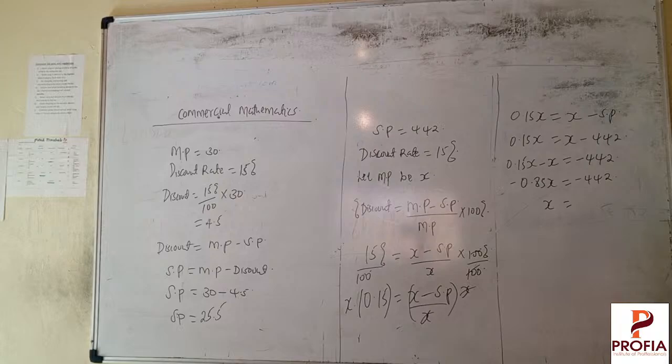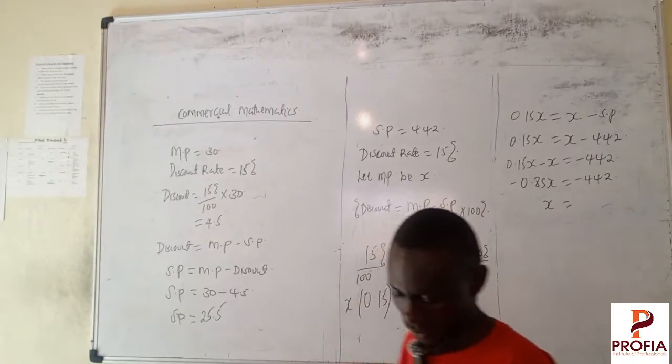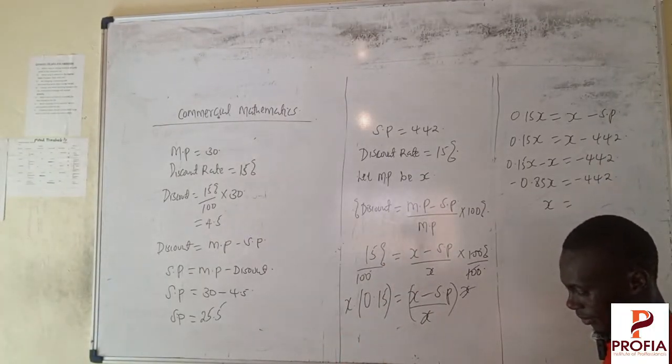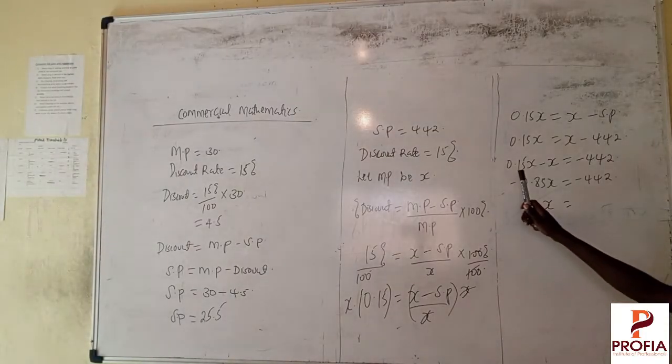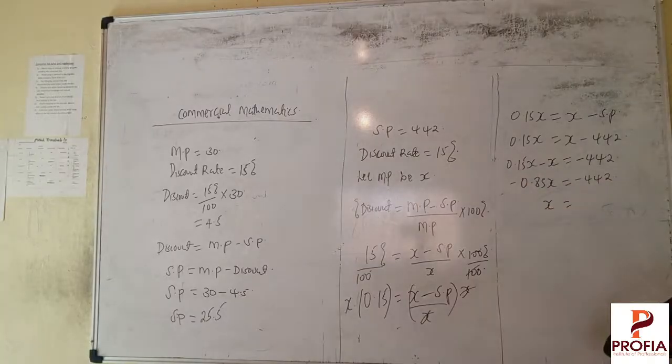You can confirm with the calculator. If you take 442 divided by 0.85, what's the answer?